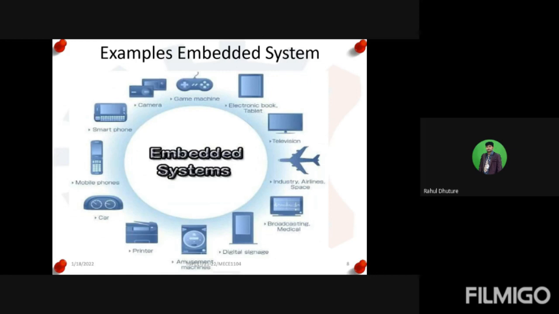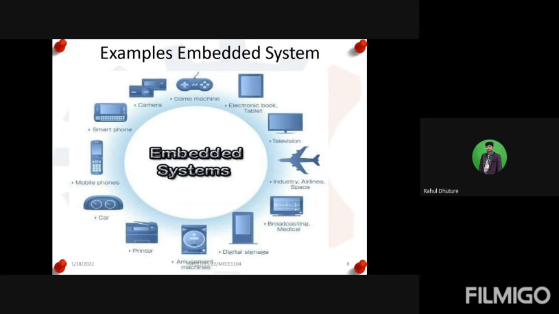we cannot perform the different tasks, because in an aeroplane we use the embedded system. When we have to use the television, that time we have to use the embedded system. When we have broadcasting medicals, that time we can use the embedded system. When you are operating a digital automatic car, that time we have to use the embedded system. In mobile communication we have to use the embedded system.